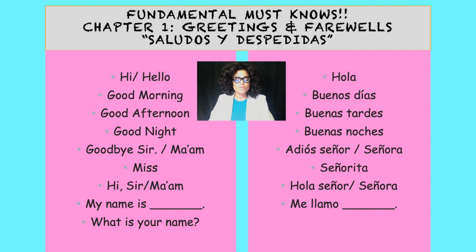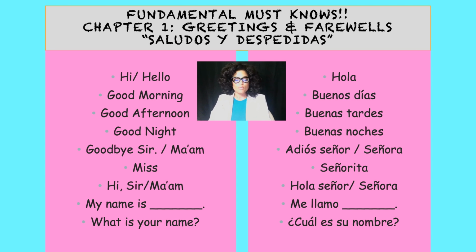Now we have what is your name? Now we've reviewed some of these words already, so let's see. ¿Cuál es su nombre? So when you're doing that assessment, when you're trying to check if your patients are oriented times three, and you're going to ask them, what is your name, in order to see if they know who they are, and that's part of that assessment, you're going to say, ¿cuál, what, es, is, su, your, nombre, name.